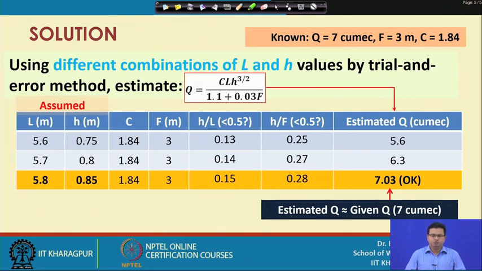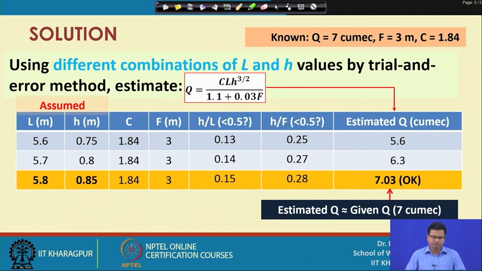Now, coming to the selection of small h and L values. Here I have assumed the value of L at the first instant as 5.6 and small h equal to 0.75.